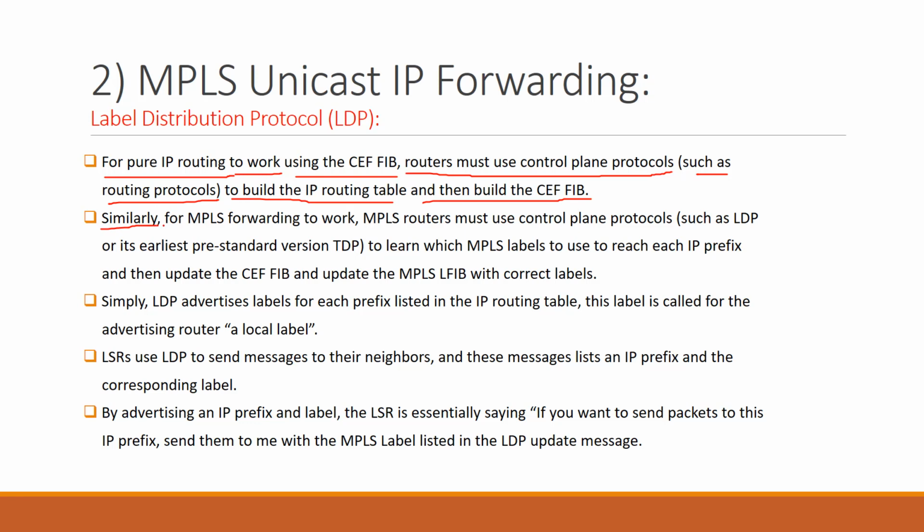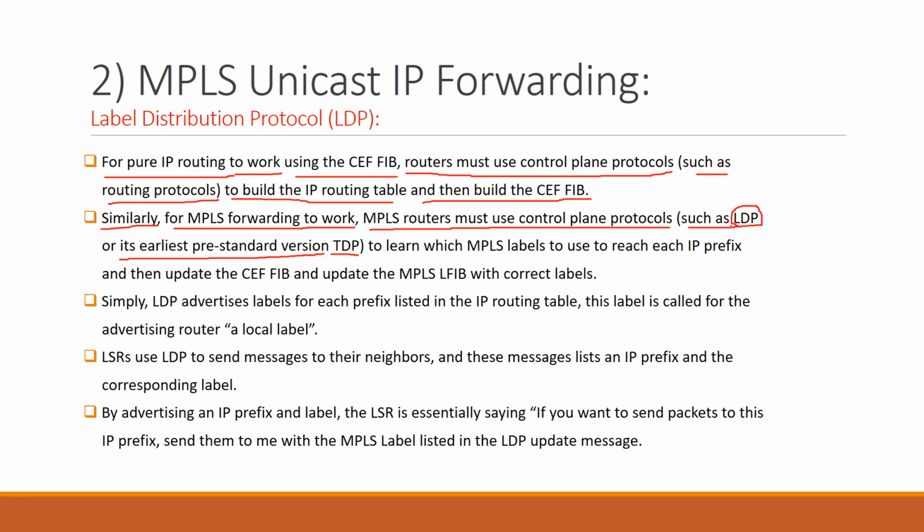Similarly, for MPLS forwarding to work, MPLS routers must use control plane protocols, such as LDP or Label Distribution Protocol. There is another version before LDP, its earliest pre-standard version. It's something like LDP, but it was used earlier, called TDP or Tag Distribution Protocol.